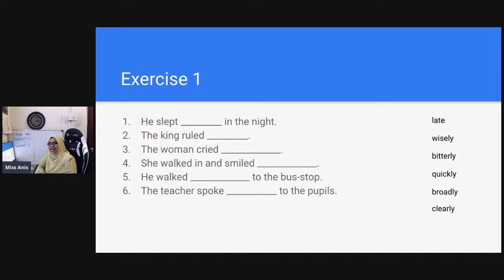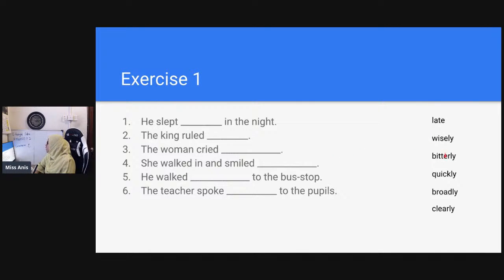Okay, dia kena make sense, tak boleh jawab suka hati je. Okay, so here bila kita cakap pasal malam, so usually antara semua ni yang paling boleh terima lah ialah late ataupun quickly juga sebenarnya, sebab maksudnya dia duduk atas katil terus tidur.